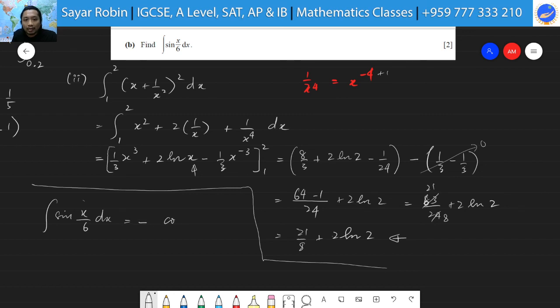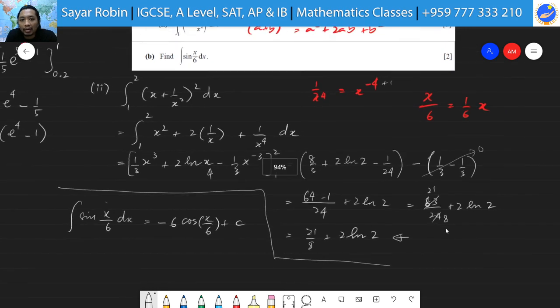Negative cos x over 6. Actually, we have to see x over 6 as 1 over 6 times x, right? So we have to divide by 1 over 6. So that's why we have to multiply by 6, plus arbitrary constant c. Okay, this is the final answer, only 2 marks.